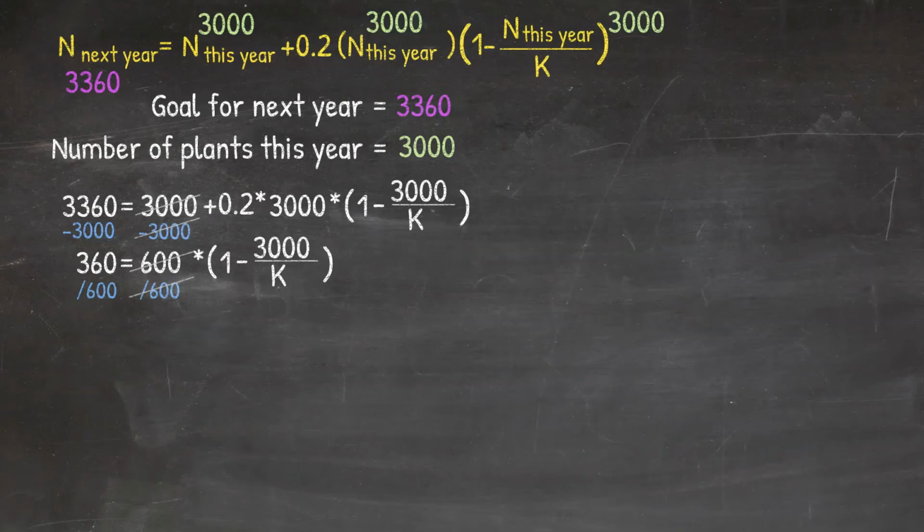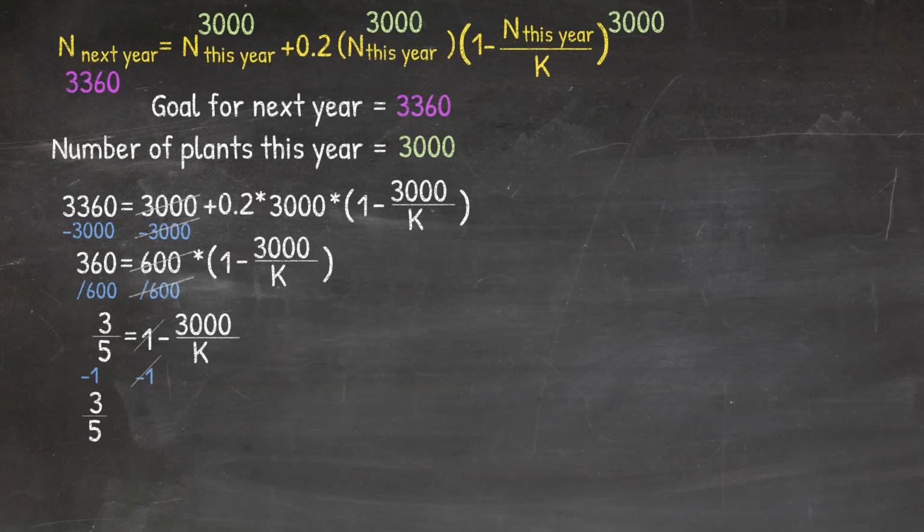Let's pick up our action from that point and replace 360 over 600 with our new fraction of 3/5. So 3/5 equals 1 minus 3000 over k. And we would then want to subtract 1 from both sides to move 1 away from the right-hand side where our k is.